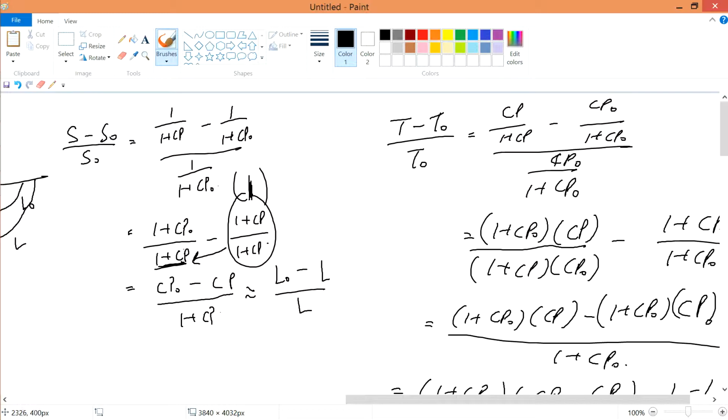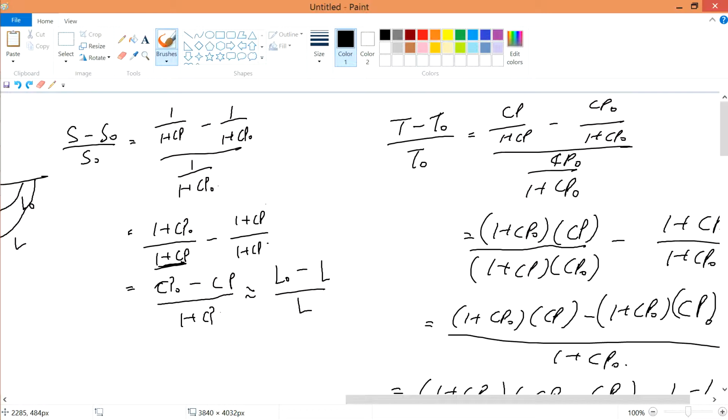This denominator guides us to rearrange things in such a manner. Hope you understand. Then the 1 and minus 1 cancel out, so I have Cp naught minus Cp divided by 1 plus Cp.